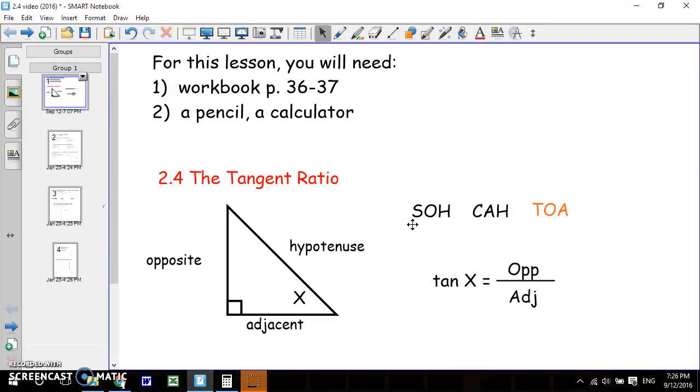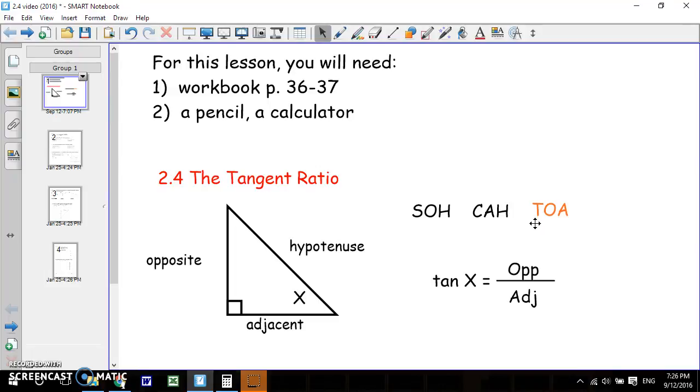SO stands for sine of x is opposite over hypotenuse. CAH is cosine of angle x, which is adjacent over hypotenuse. We looked at these two ratios yesterday, and today we will look at the very last trig ratio called tangent.